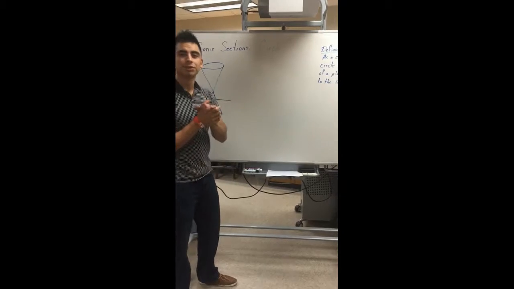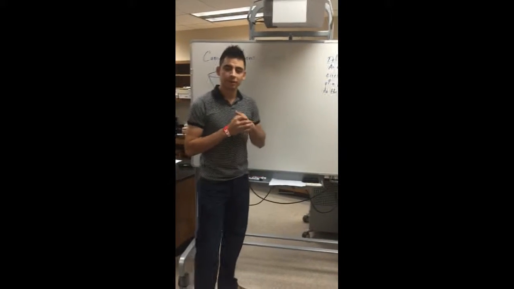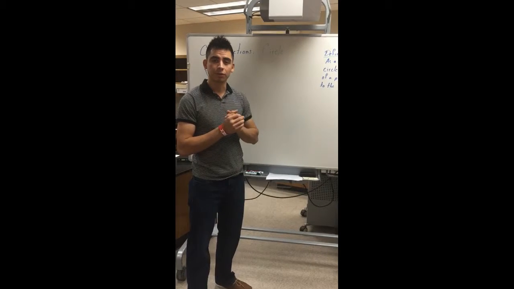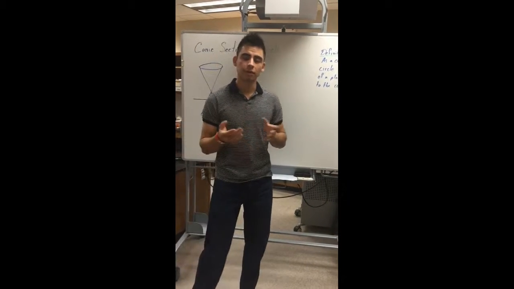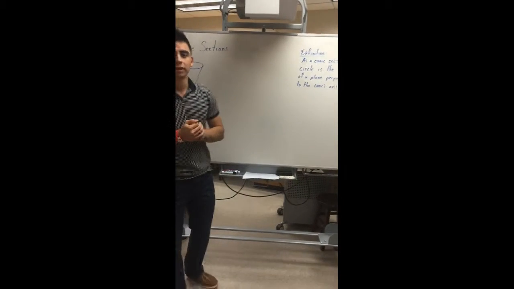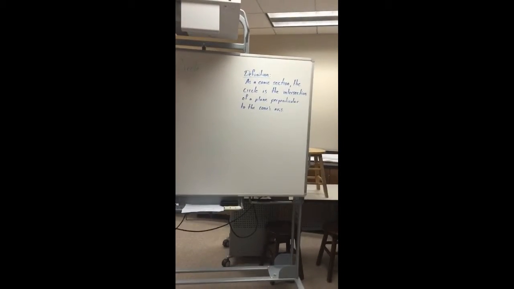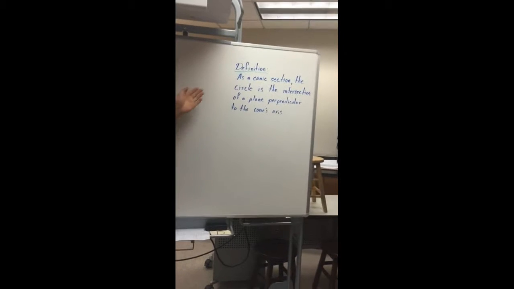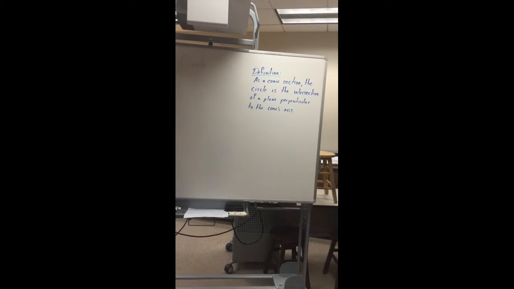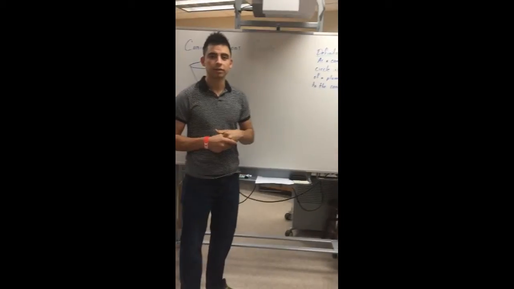Hello everyone, today we're going to go over the conic section on the circles. The circle derives from the Greek meaning hoop and ring. The definition is: as a conic section, the circle is the intersection of a plane perpendicular to the cone's axis.